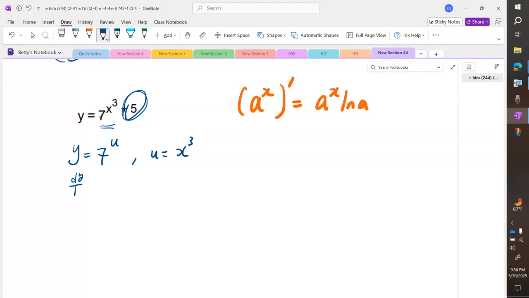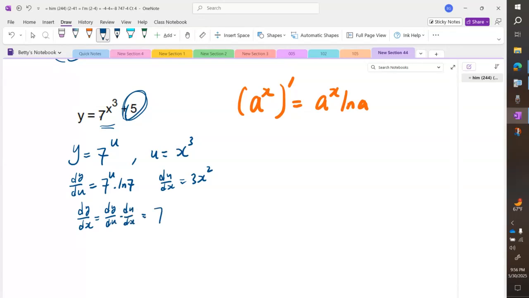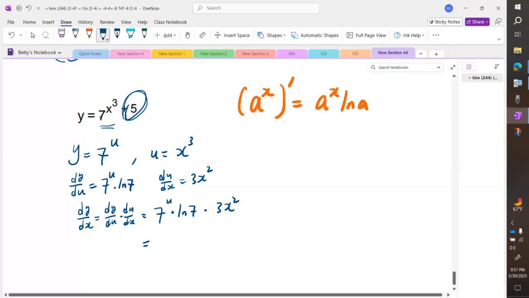And dy/du, using the formula, we have 7 to the power of u times ln 7. du/dx is 3x squared. So dy/dx is dy/du times du/dx: 7 to the power of u times ln 7 times 3x squared.